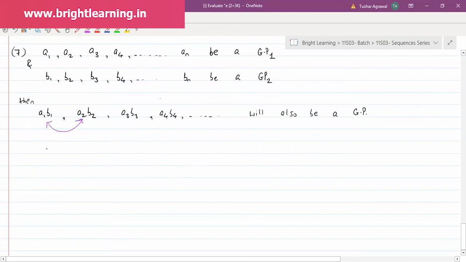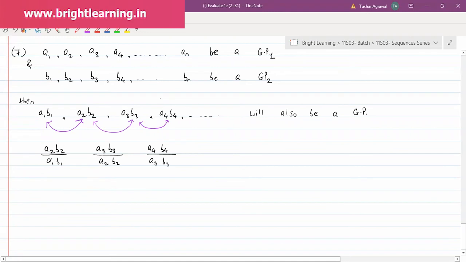So the division is A2B2 upon A1B1, then third term upon second term is A3B3 divided by A2B2, then fourth term upon third term is A4B4 upon A3B3.